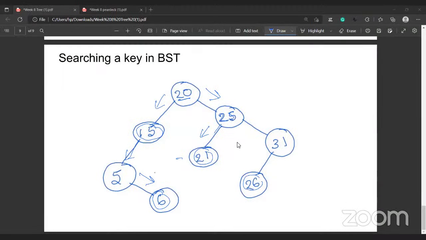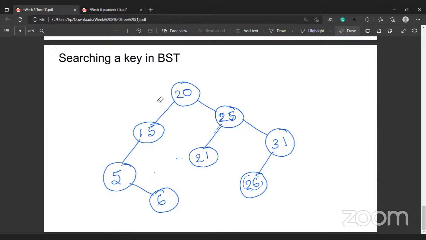So can anyone say what is the time complexity of searching a key in a BST? Anyone can say what is the worst case and best case? My screen is visible, right? I guess the worst case will be O of n.